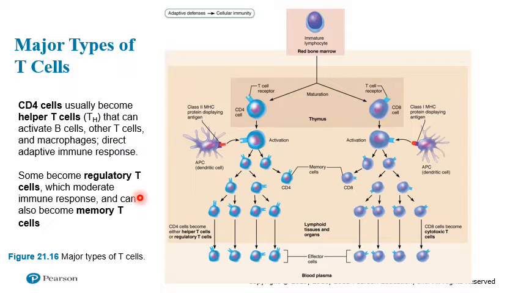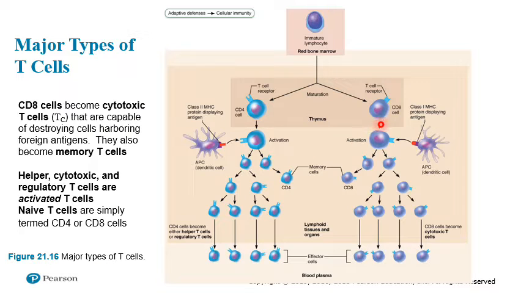They don't need to be primed anymore. Remember what I mentioned in our previous discussion: priming. The initial exposure will take priming, and priming takes time. The second time that we get the same antigen, there won't be any more priming and the reaction will be immediate.